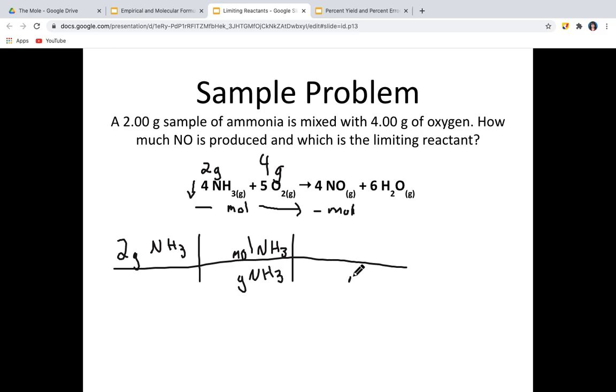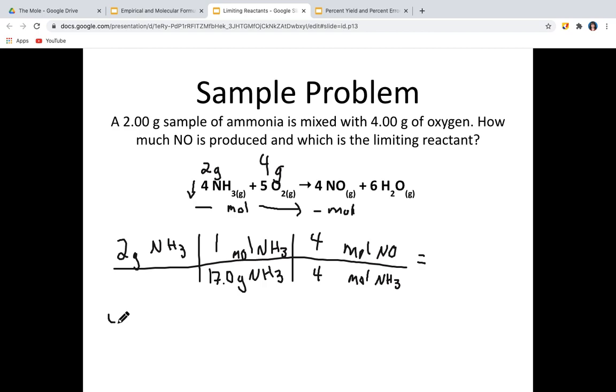And then from moles of ammonia to moles of NO. Always use 1 mole with your molar mass. 17.0 is your molar mass of ammonia. Coefficients with this: if we're multiplying by 4 and dividing by 4, that's like multiplying by 1. So we actually have 2 divided by 17. That'll be our final one.